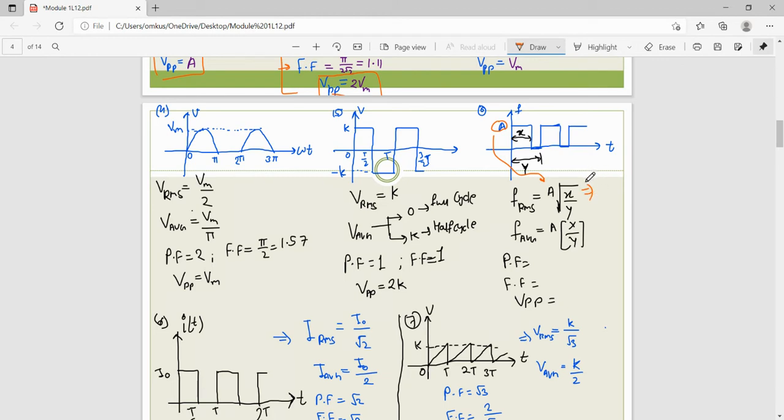If you study the power electronics subject in the future, T on by T total, that is T on plus T off, is the duty cycle. So this factor, what factor?